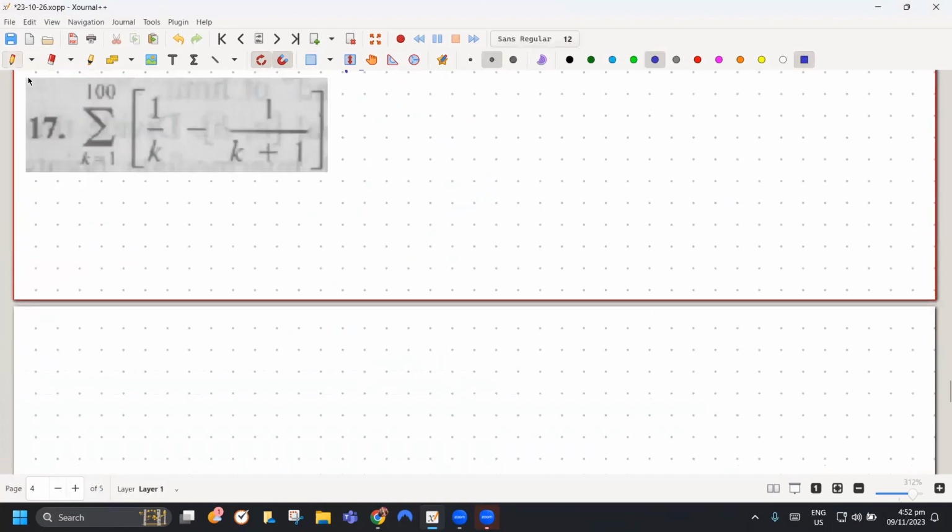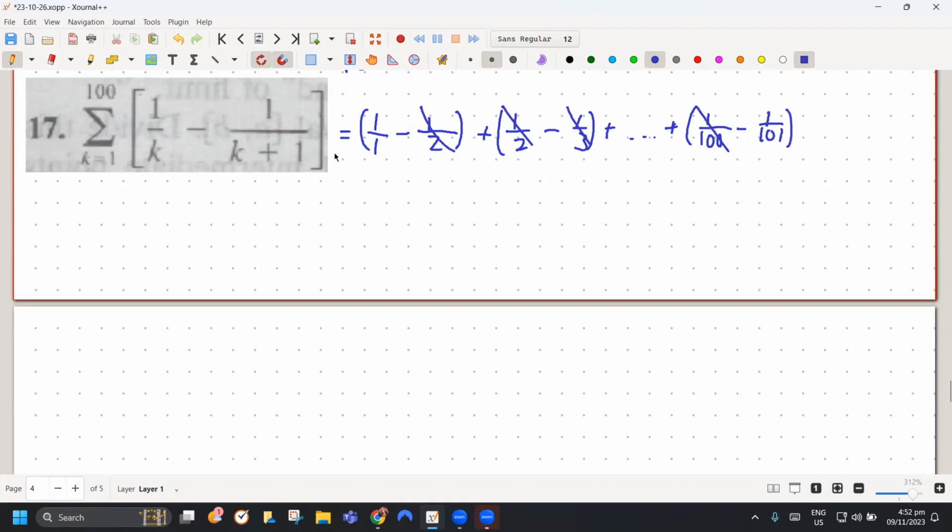Okay. So, looks like telescoping. Hmm. Okay.